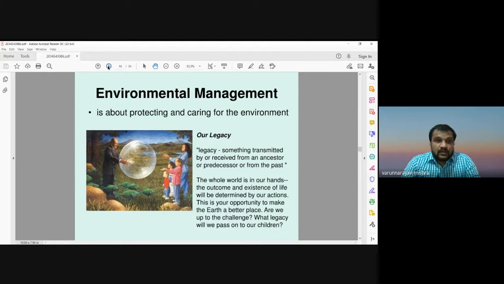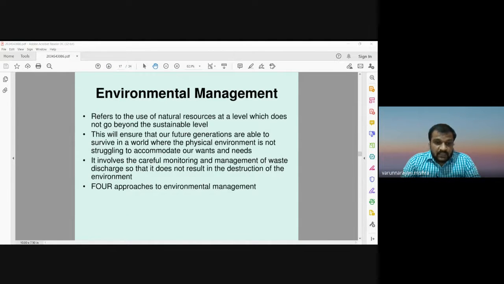Okay. So environmental management refers to the use of different natural resources at a level which does not go beyond the sustainable level. Okay, and environmental management practices ensure that our future generations are able to survive in a world where the physical environment is not struggling to accommodate our wants and needs.